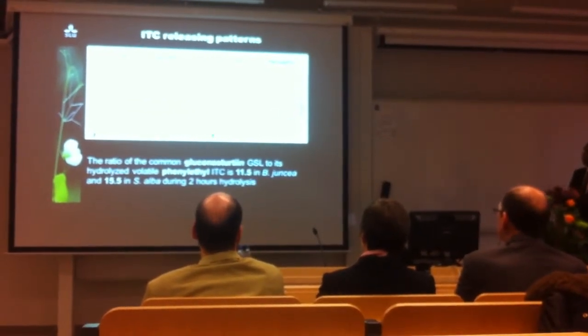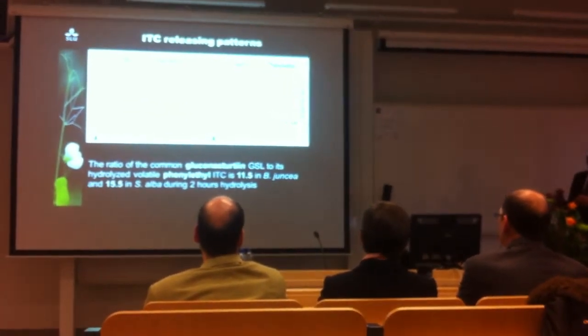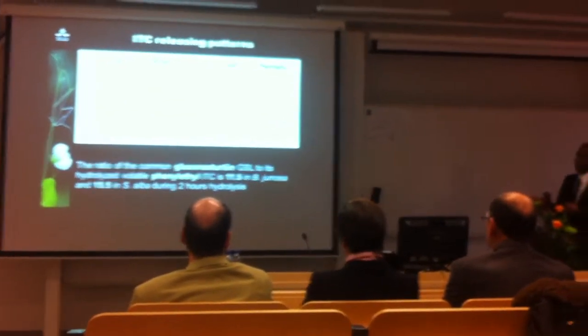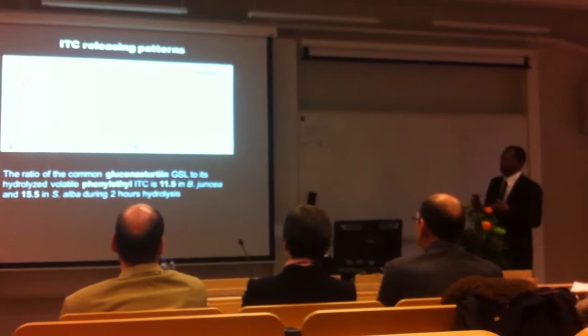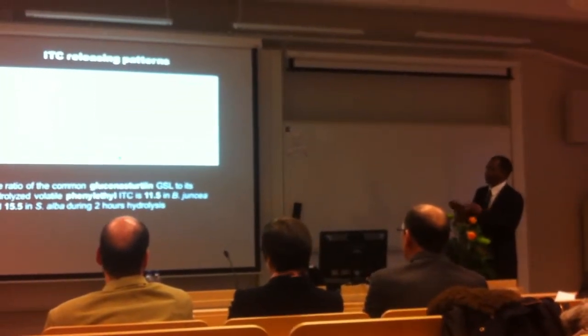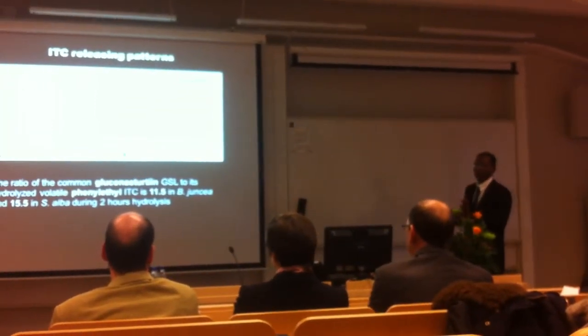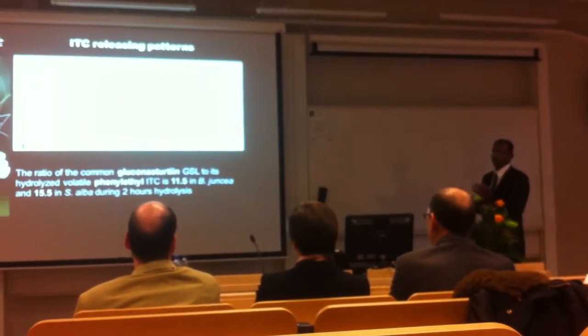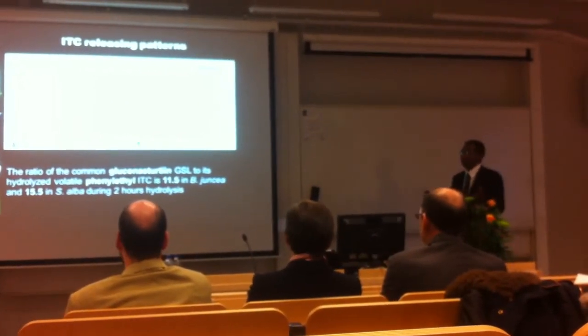I collected the volatiles during 2 hours of hydrolysis at different time points: from 0 minutes to 30 minutes, 30 minutes to 60 minutes, and up to 120 minutes, just as the exposure time.